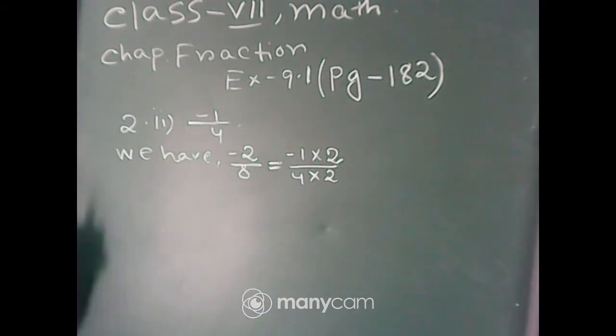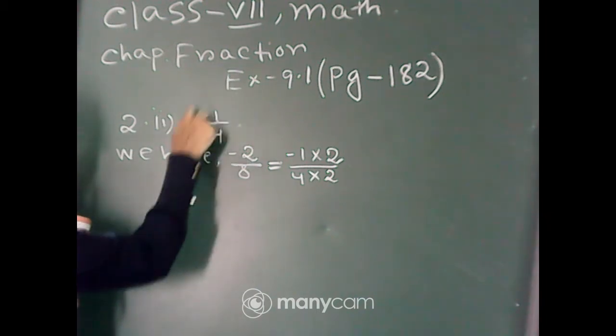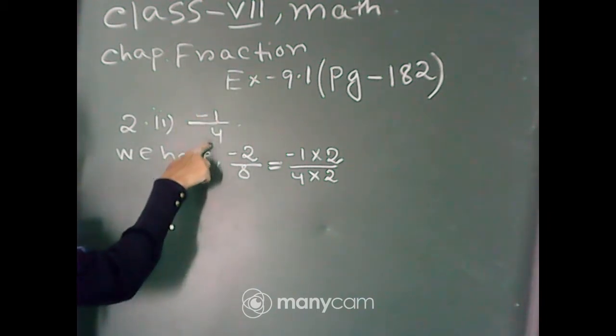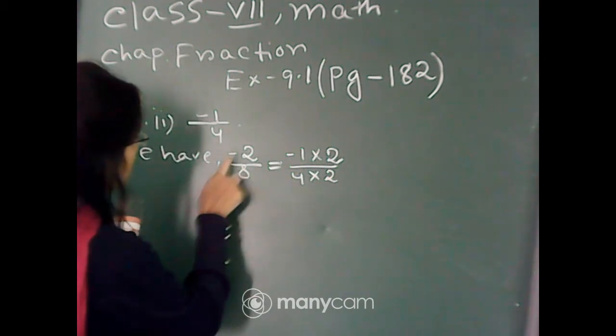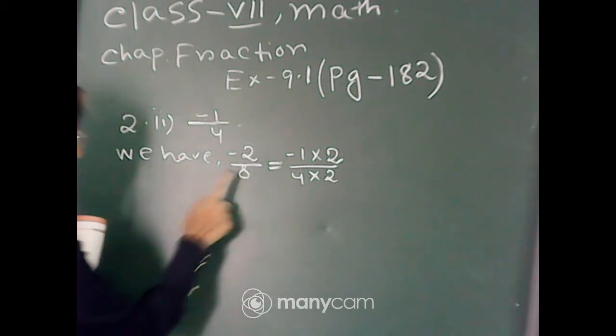Multiplying both the numerator and the denominator of the rational number minus 1 divided by 4 by 2, we get minus 2 divided by 8, isn't it?